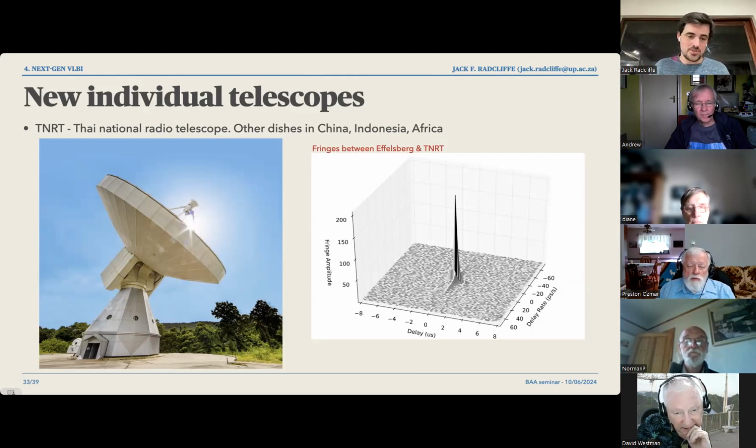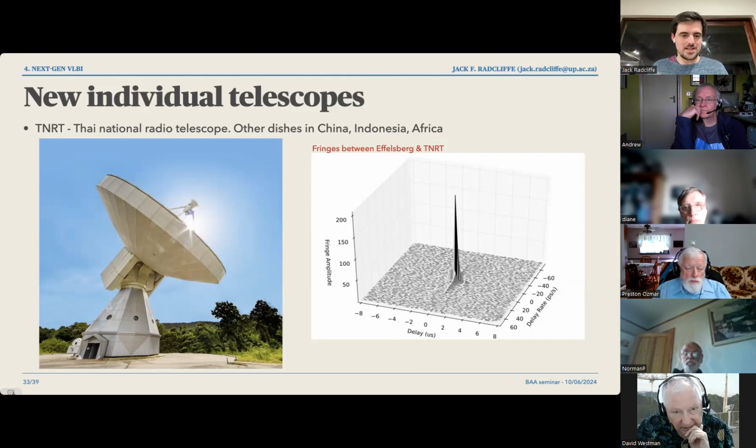And they have just joined a memorandum to join the European VLBI Network. This actually came from the currently deceased king's wish to get Thailand part of radio astronomy. He was really enamored and wanted to build. There's a couple more telescopes they want to build. And his daughter is spearheading this now and is really interested in astronomy.